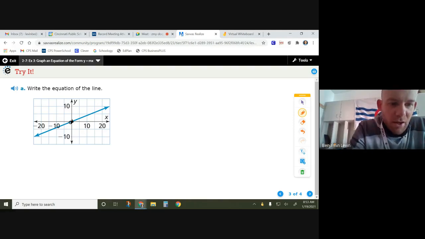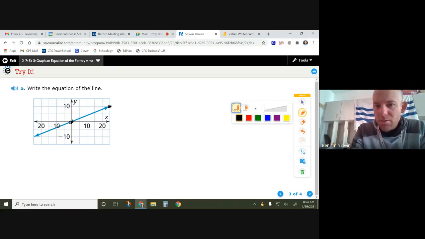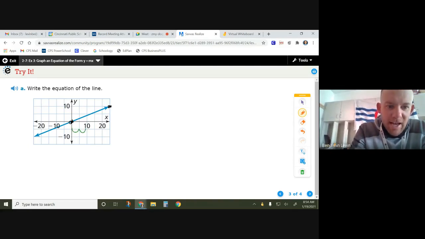It looks like another point that is a perfect intersection is going to be right here. Let's see what it is. 2 spots is 10, right? So that means each one spot is 5 units. 5, 10, 15, 20, 25.